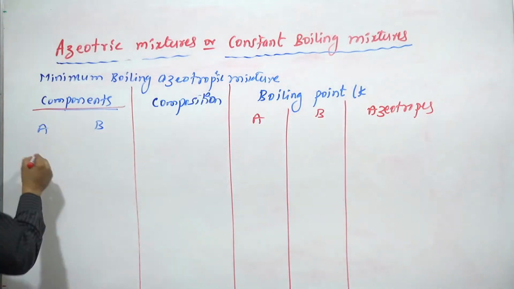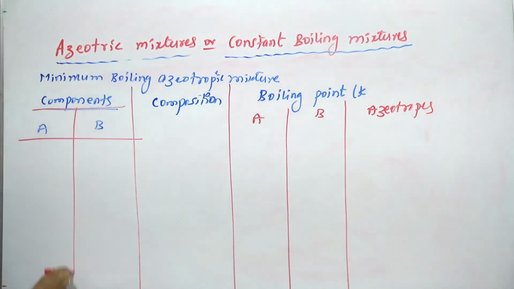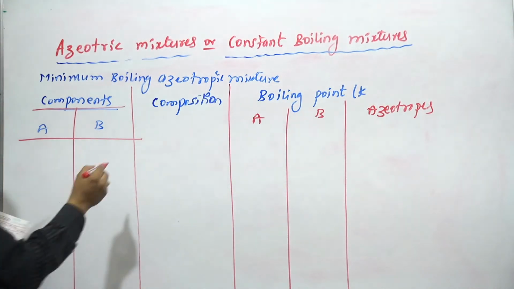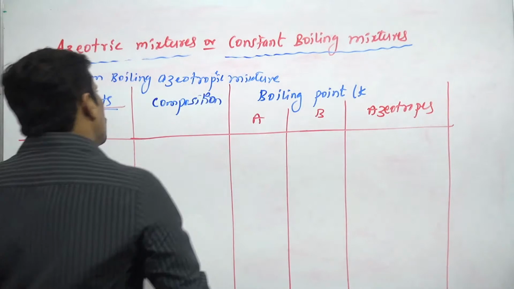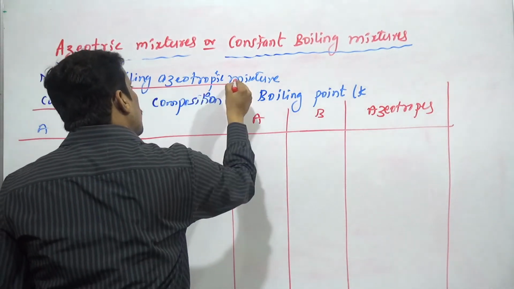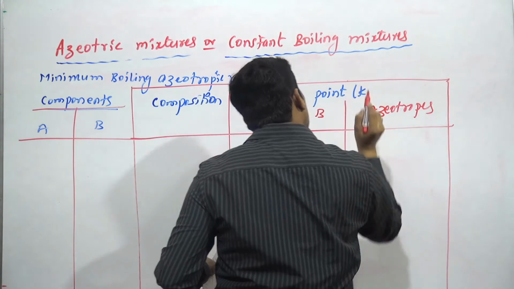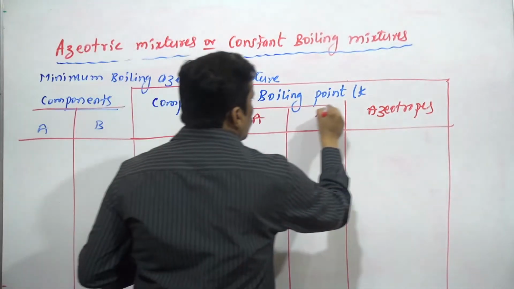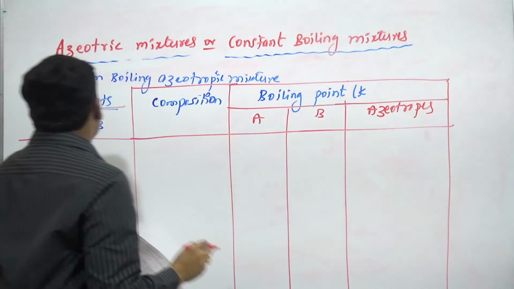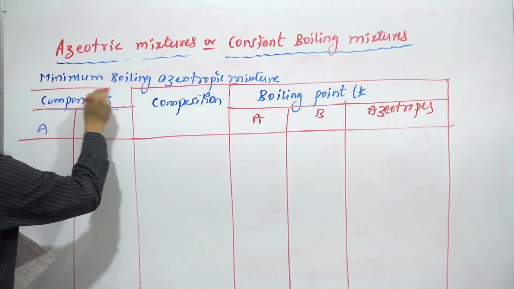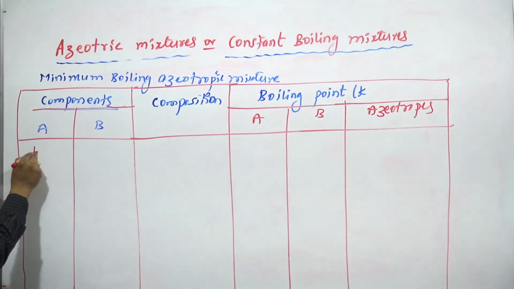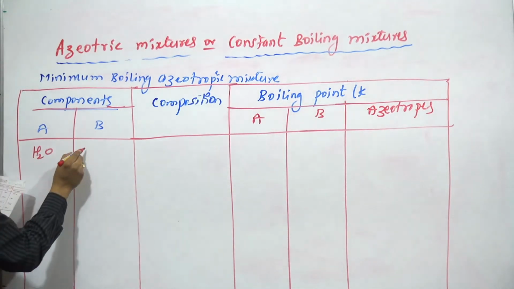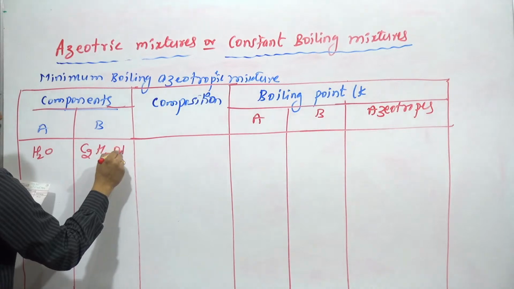We have A component and B component. Component A is water, and B component is ethyl alcohol.